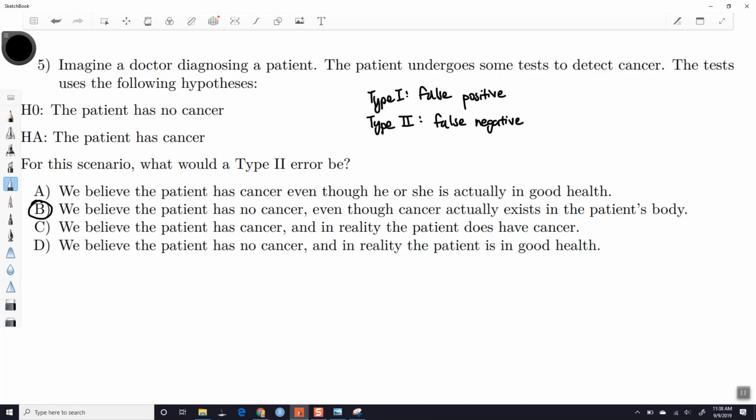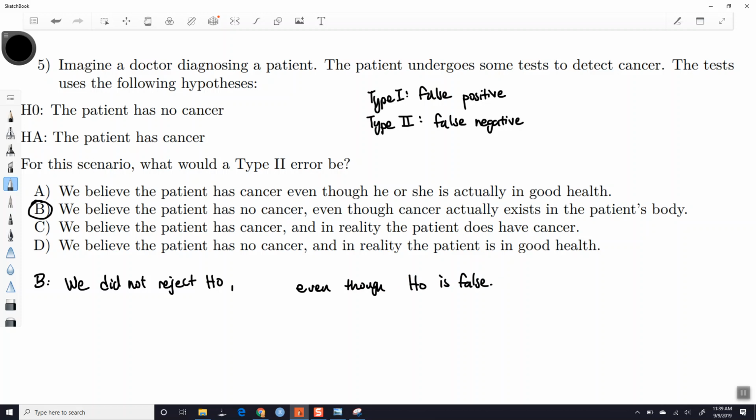We believe that the patient has no cancer, okay? So B is we did not reject the null, even though the null is false. Okay, that's what the false negative is.